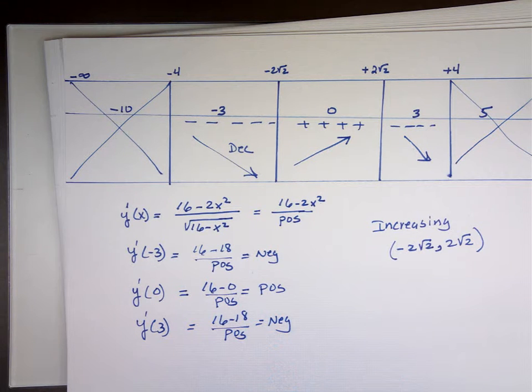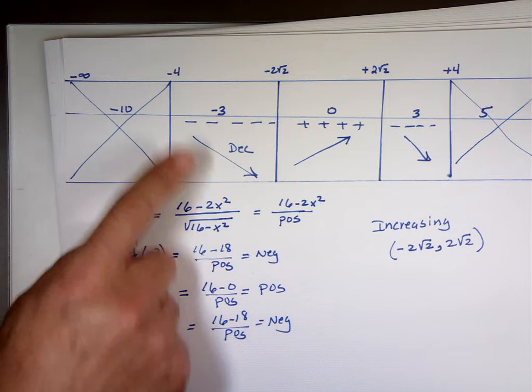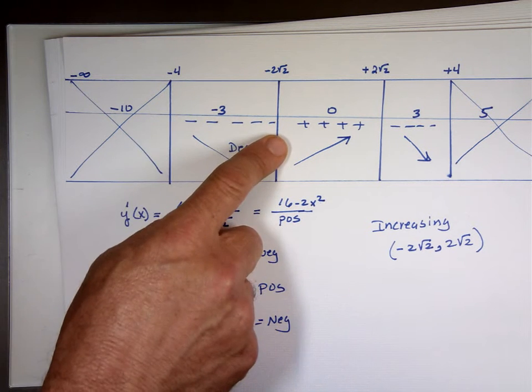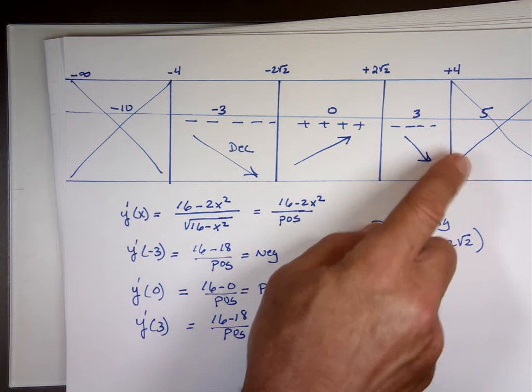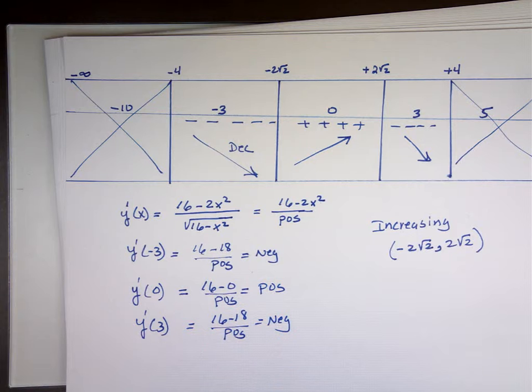It's decreasing from negative 4 to negative 2, the square root of 2. Also from where? 2, the square root of 2 to where? To 4. There's 2 selections to make. So I have to put 2 check marks, not just 1. So if you only did one of them, you're wrong.